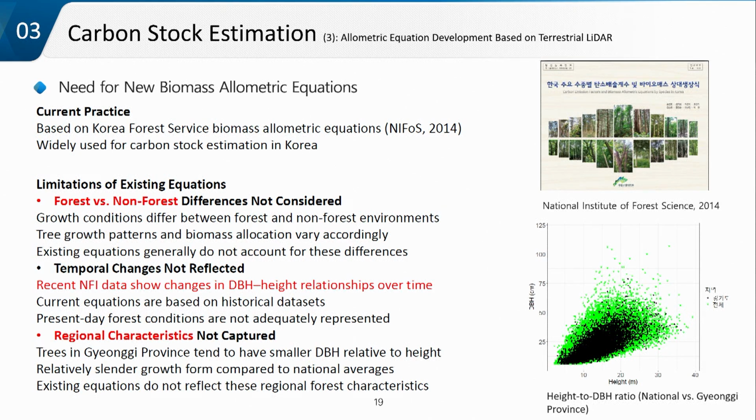The previous equations in forestry were developed based on the NFI, National Forest Inventory, long-term monitoring sites. But in this project, we had to process continuous landscapes across forest and non-forest areas. So NFI cannot be representative across these regions.